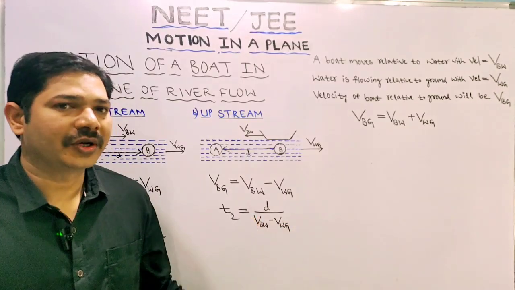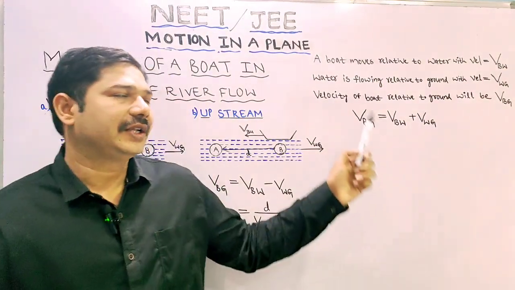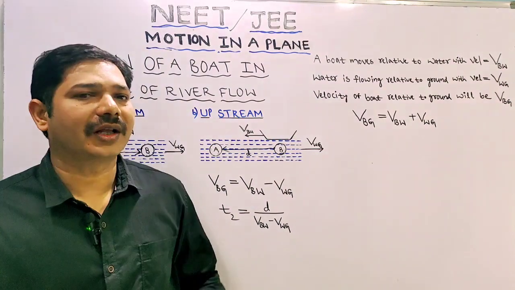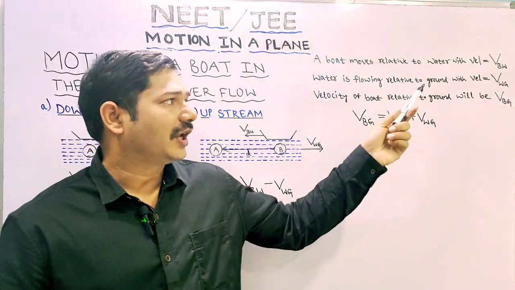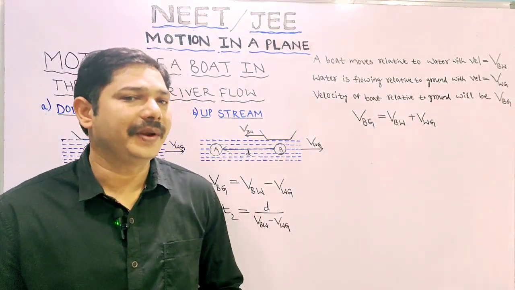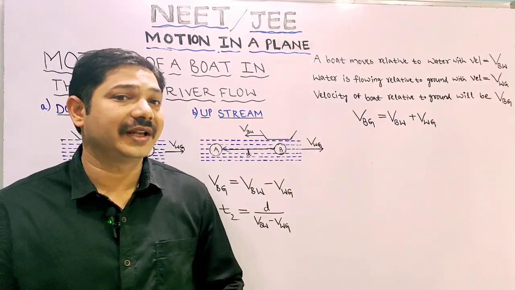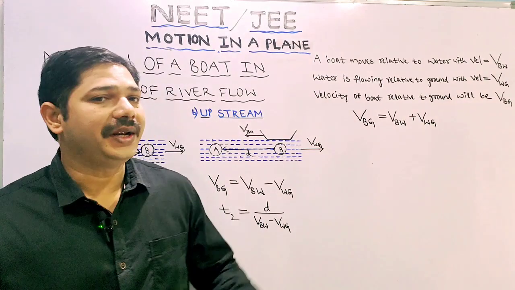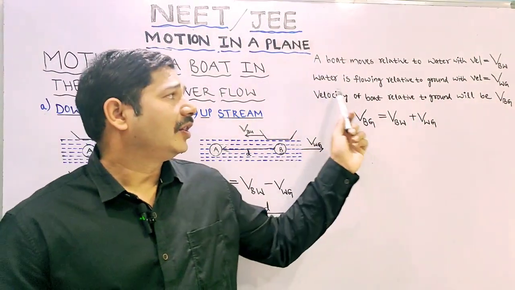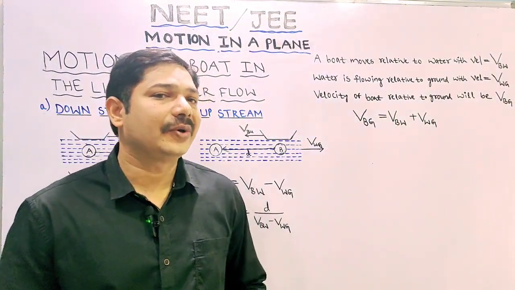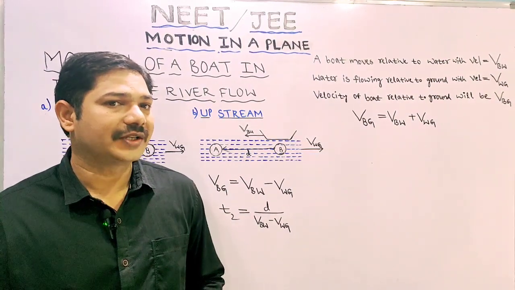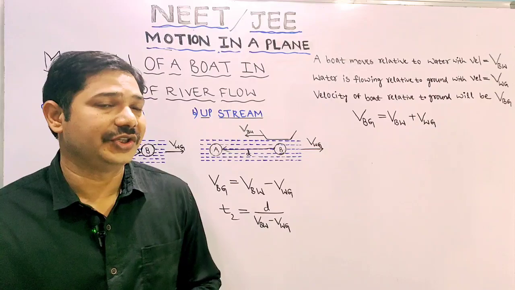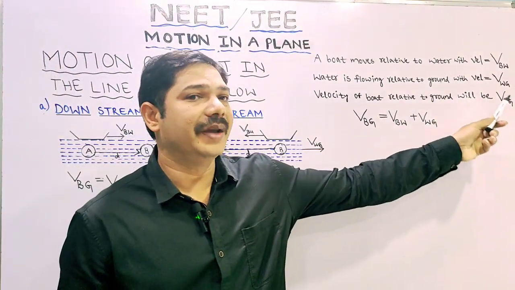Don't confuse the terms. In detail: a boat moves relative to the water with a velocity called VBW, boat with respect to water. The water is flowing relative to the ground, water W, ground G, so that is VWG.